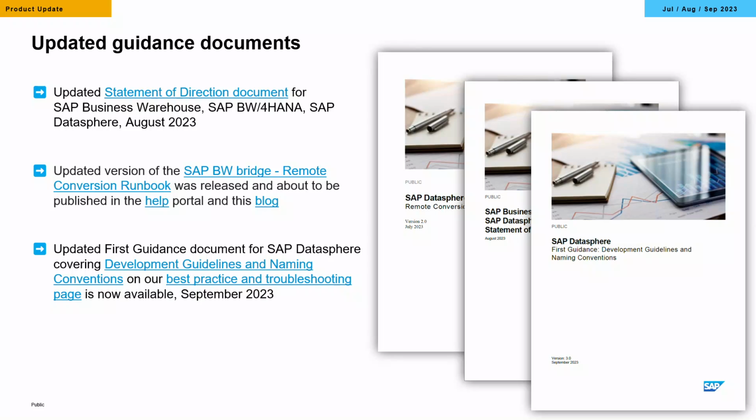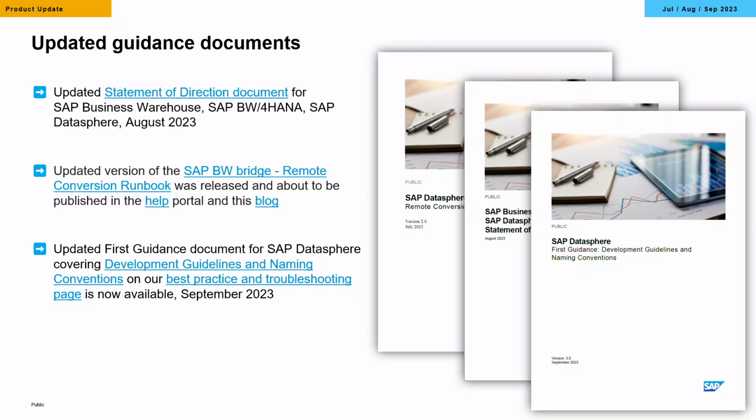First and foremost, there are guidance documents which have been updated in the recent months. So we updated in August the statement of direction document covering the BW, BW4HANA, as well as Datasphere products. We also updated end of July the BW Bridge Remote Conversion Runbook, also a great help that was not only updated but also extended in various areas.